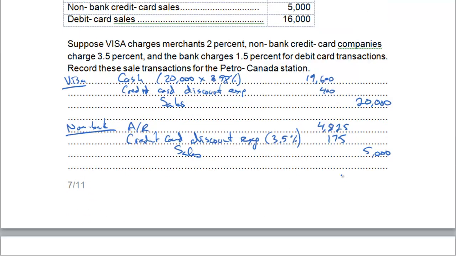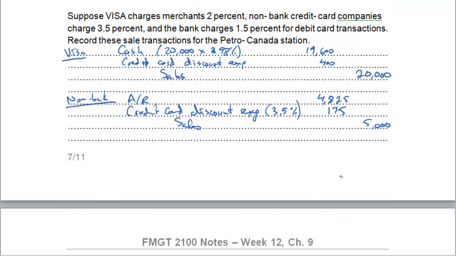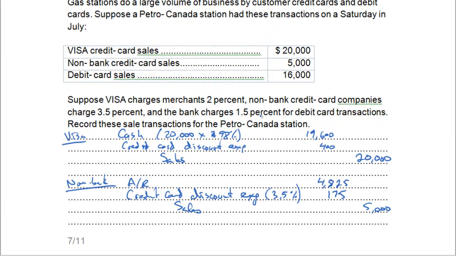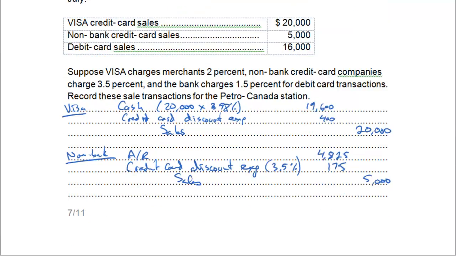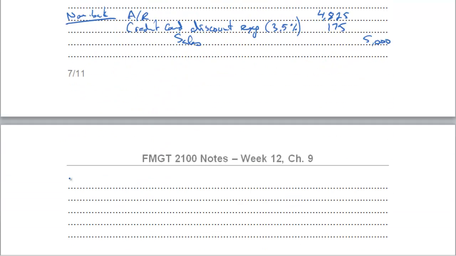And then the last one, we'll do on the next page, is the 1.5%. Here it's a percent, not a flat rate, 1.5% of the $16,000 in debit card sales. So again, debit to cash, debit to debit card service fee, 1.5%, and credit to sales.